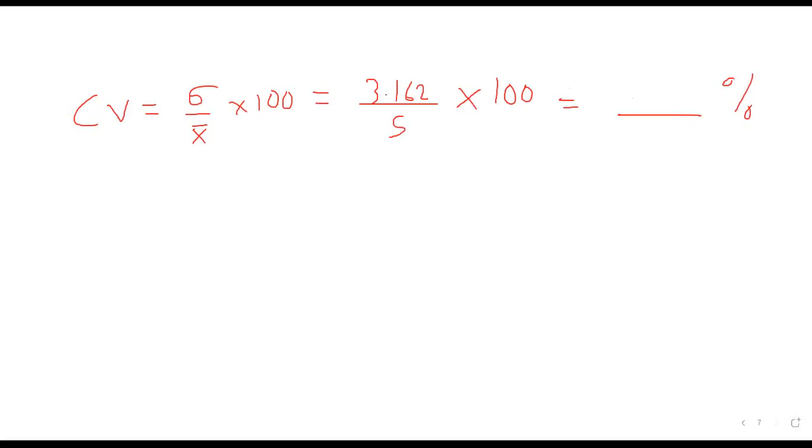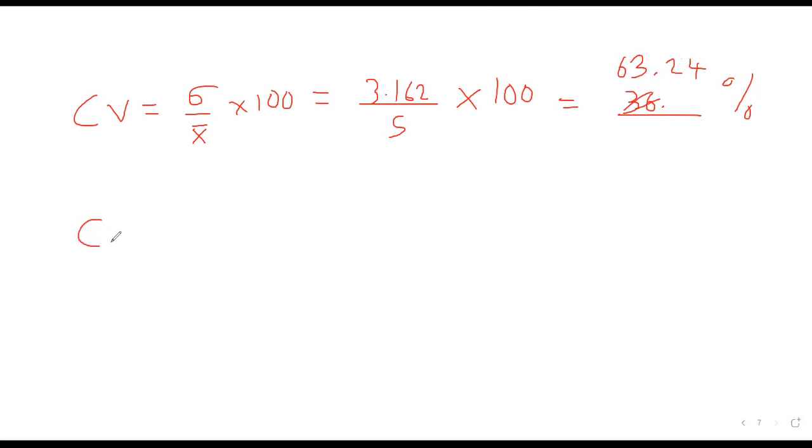So that is 0.63. 0.63, times 100, so it would be 63. 63 point what? 63.24. That is the coefficient of variation.